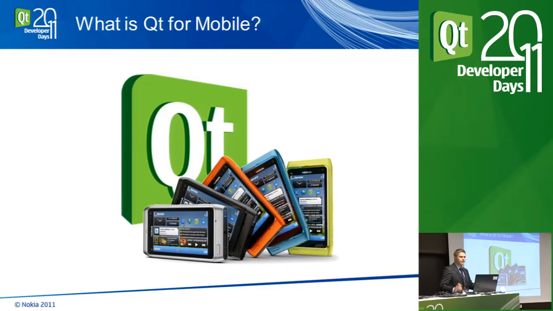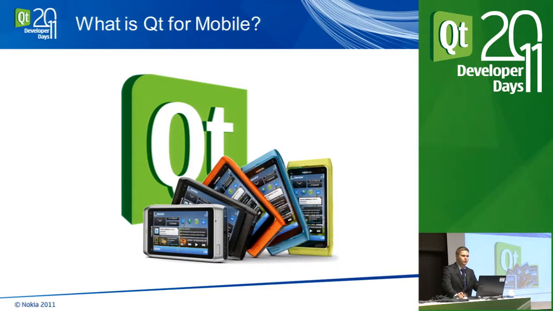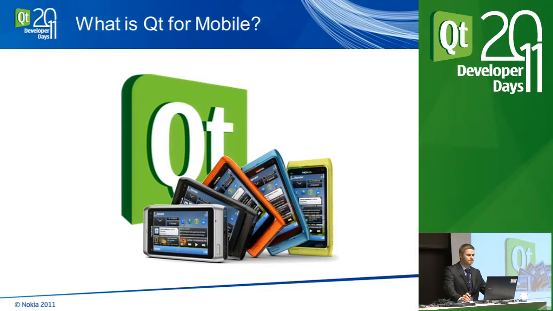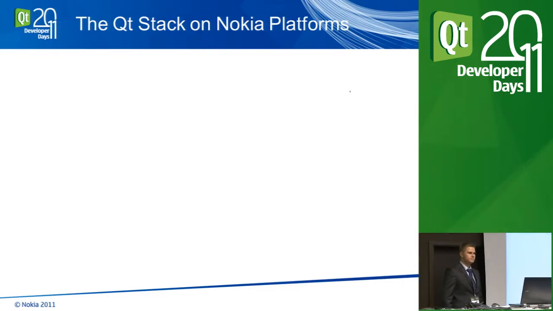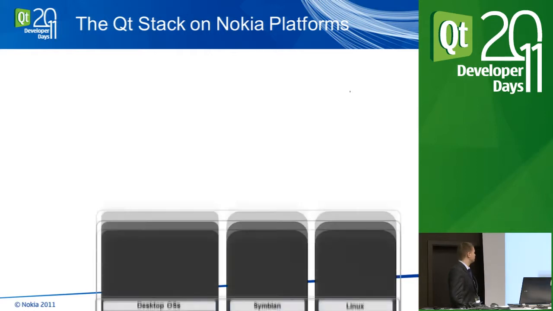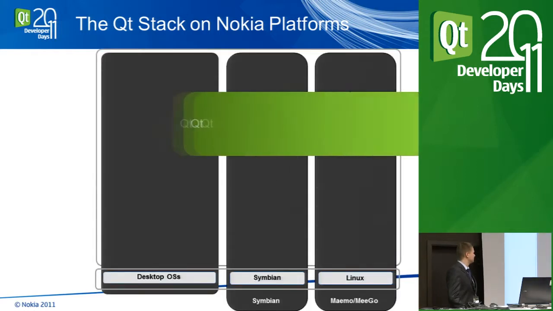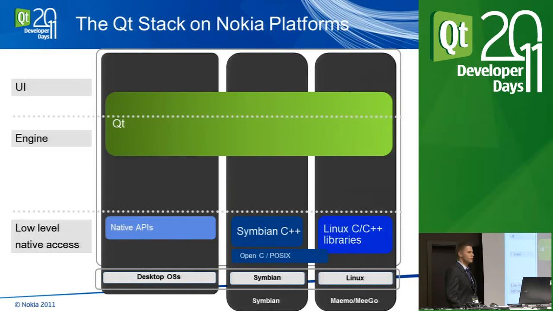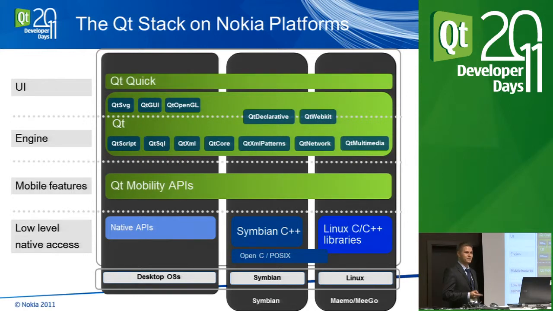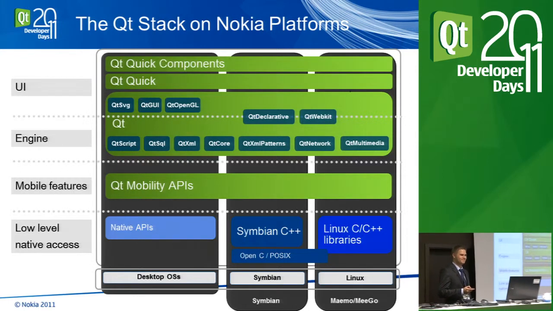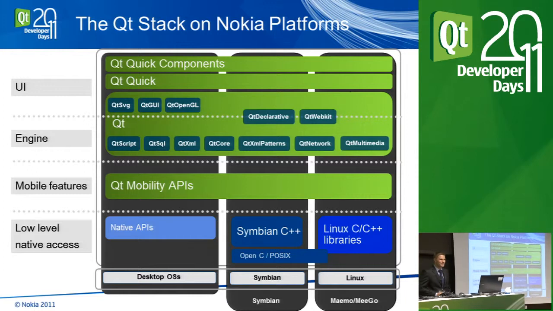So let's talk a little bit about Qt on mobile devices. I'm just going to show this whole picture because that's just easier, but it's a bit slow. Sorry about that. Okay.